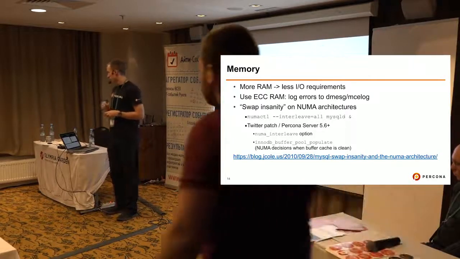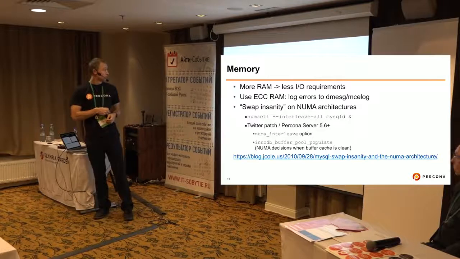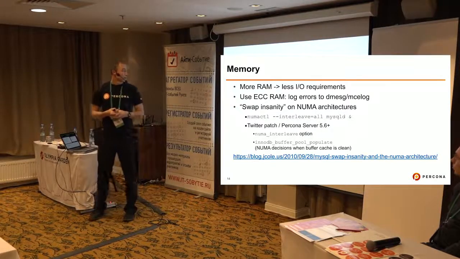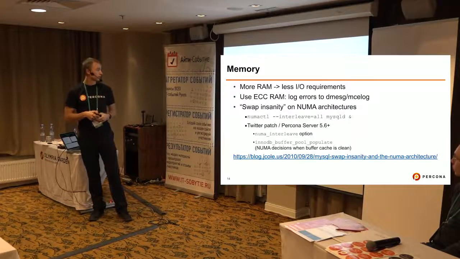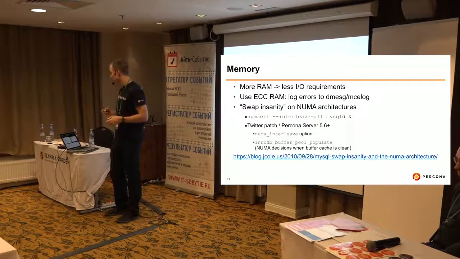So you should switch to interleave equals all. So you do numactl --interleave=all for mysqld, or if you use Percona Server, starting from version 5.6, there are actually options that let you control swap insanity.